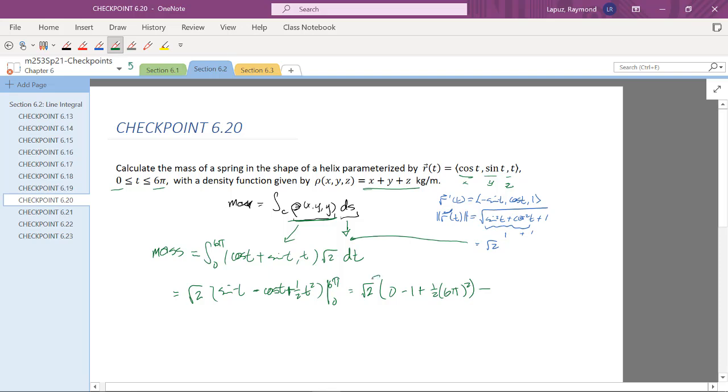So that's the first part, and then we're going to put 0 in. Sine of 0 is 0, but cosine of 0 is not 0. It's 1, and then that last one is going to be 0. All right. We will have a negative 1 plus 1, which will contribute 0 again.